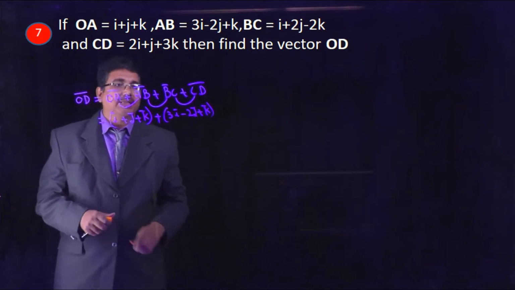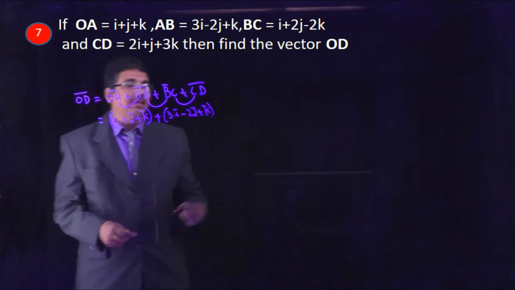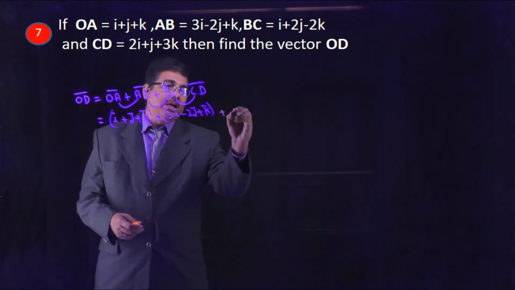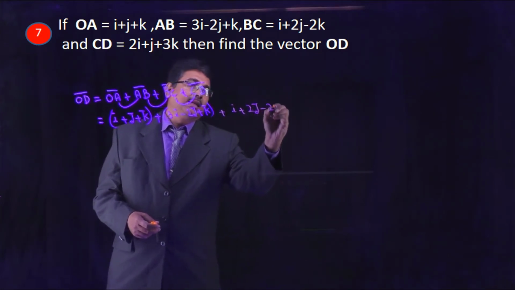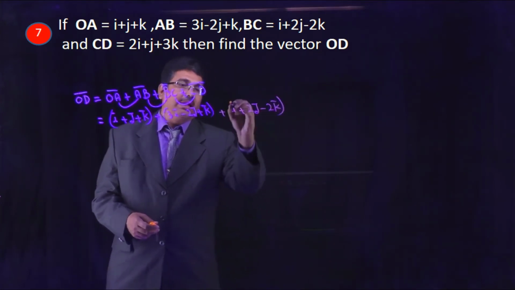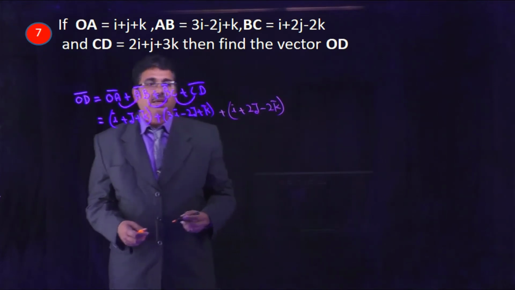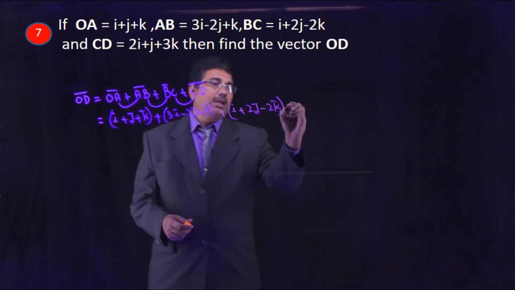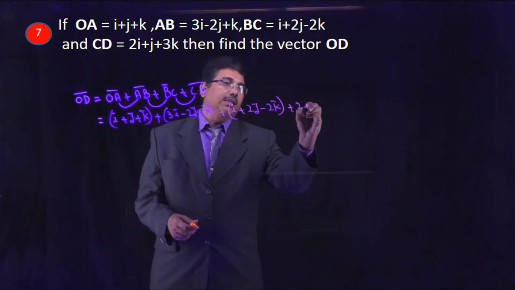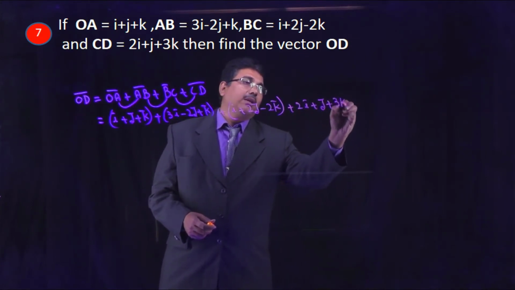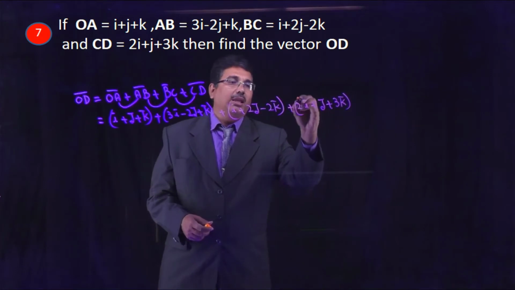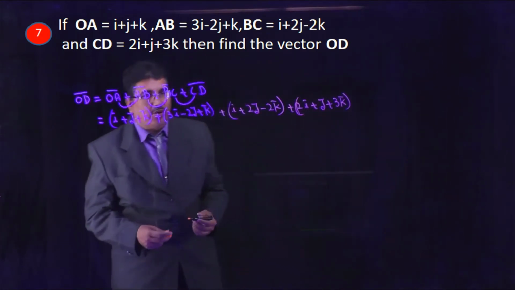BC bar is I bar plus 2J bar minus 2K bar. Now CD bar is 2I bar plus J bar plus 3K bar.